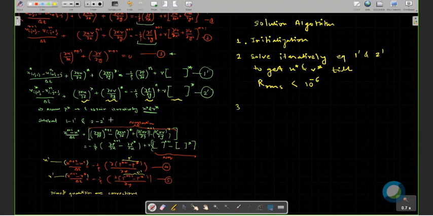Then third, once you solve u star and v star, you have to solve this pressure correction equation using the star values and prime values, and iterate. This is the Poisson equation for pressure correction.